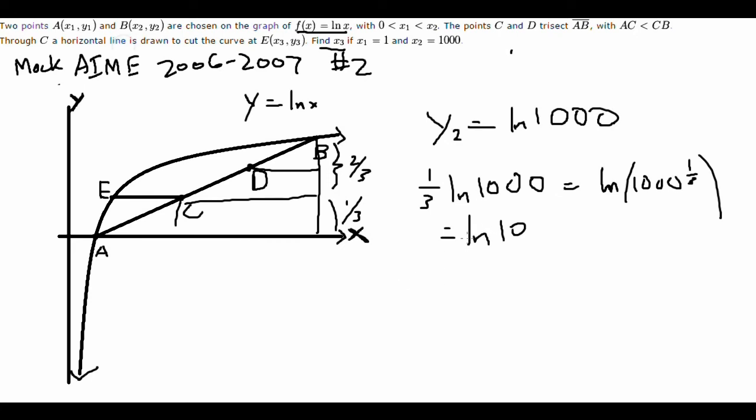So we know the y coordinate of C is natural log of 10. Well, that would also be the y coordinate of E, as we said before, since they lie on a horizontal line. The y coordinate of E is also just natural log of 10.